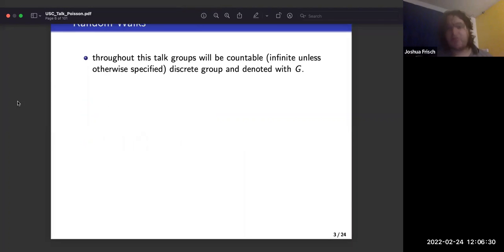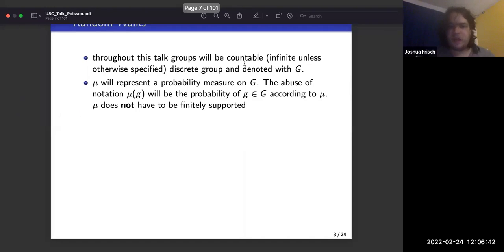Throughout this talk, groups will be countable, infinite unless otherwise specified, discrete groups, denoted as G. So whenever I write a G, probably I'm going to be talking about a group. And mu is going to represent a probability measure on G. I'm going to abuse notation a bit and write mu of g, which is just the probability I get g.